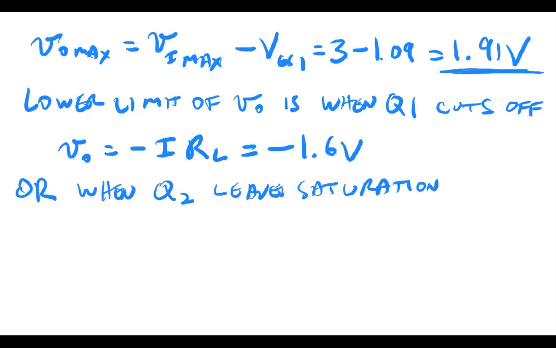So just like we did with Q1, at that point, VO is going to be minus VDD because we do have that negative supply below Q2 plus the overdrive voltage for Q2. Okay.